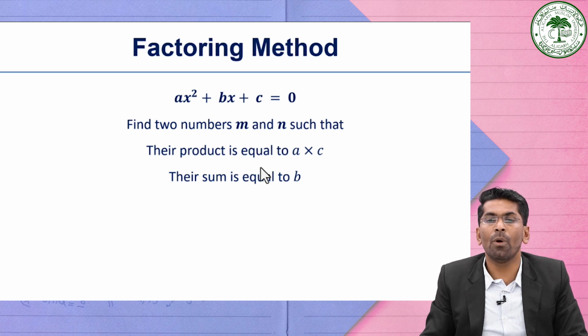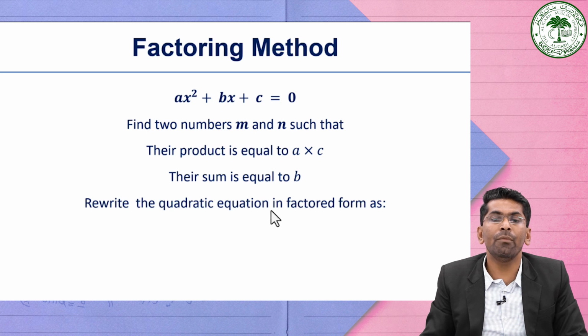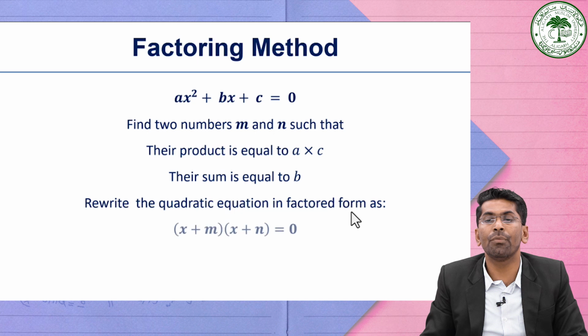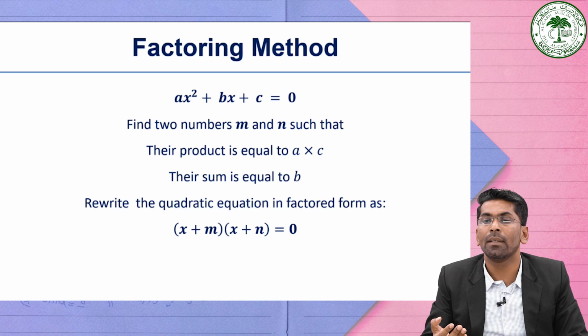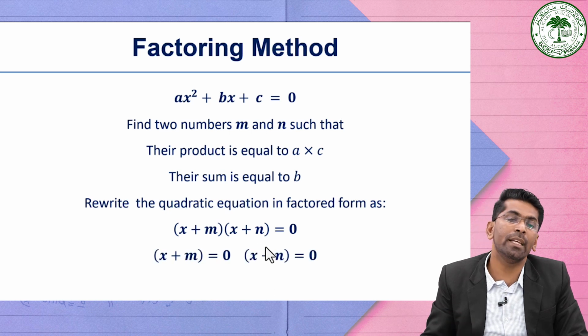If this is so, then we are able to express this in the form of factors. Once we find these two numbers, we can rewrite the quadratic equation in factored form as x plus m into x plus n equal to 0. Then you can solve for x by setting each factor equal to 0.